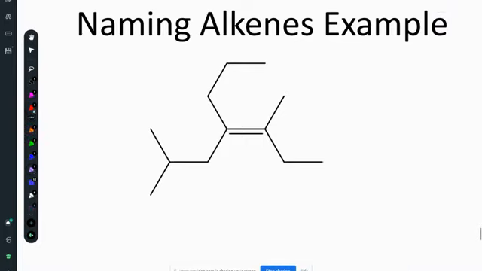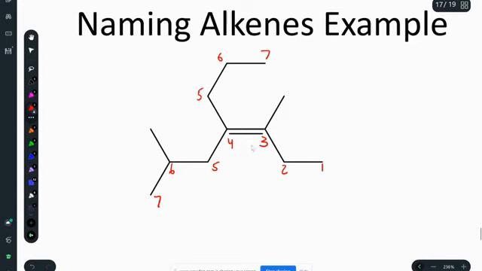So first thing, I'm going to want to find the longest chain that includes the double bond. And the longest chain that I can find would be 1, 2, 3, 4, 5, 6, 7. You might say I could also have gone this way and had a 7-member chain, a 7-member chain, not ring.